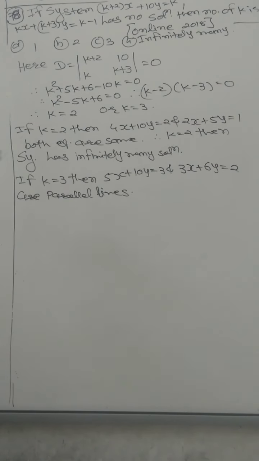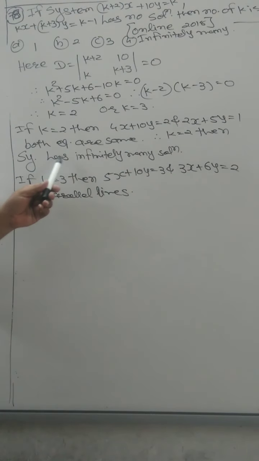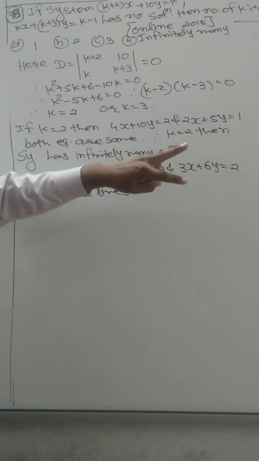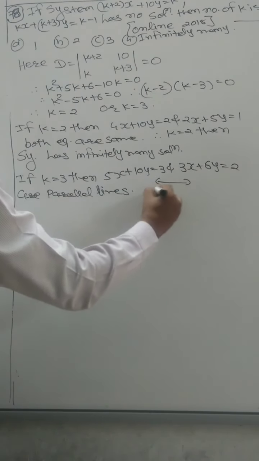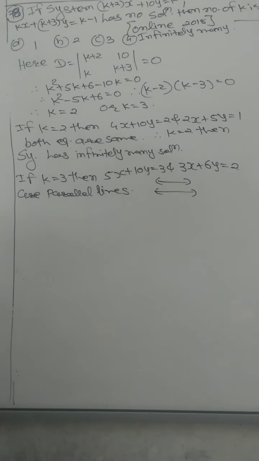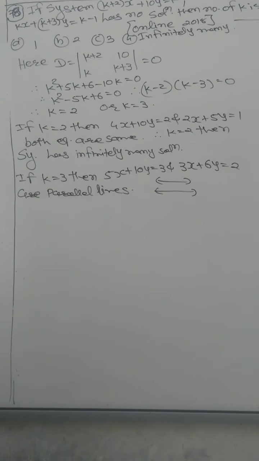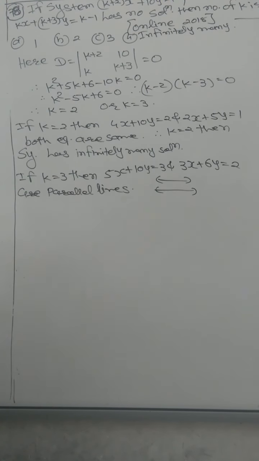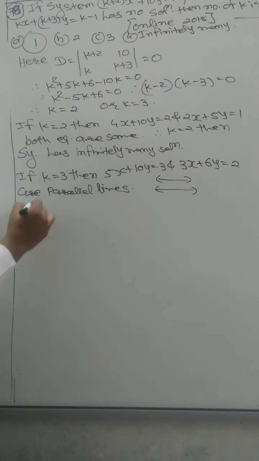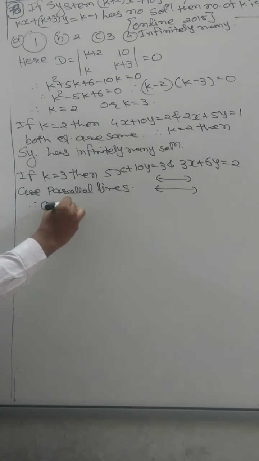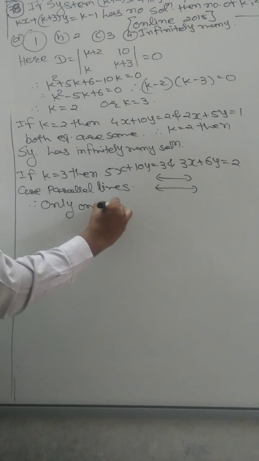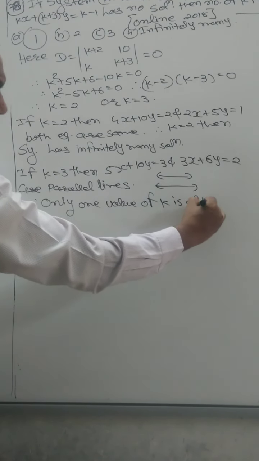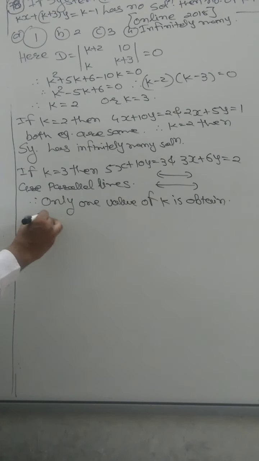So here for k equal to 2, the system has infinitely many solutions. No solution is here because two parallel lines cannot intersect each other. Therefore, for k equal to 3, the system has no solution. So only one value of k is obtained. Therefore, our answer is A.